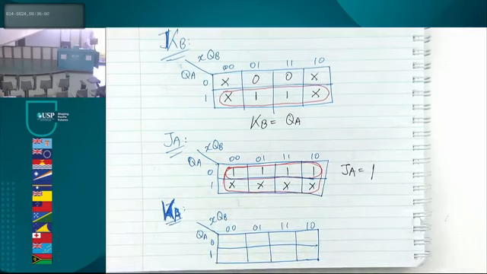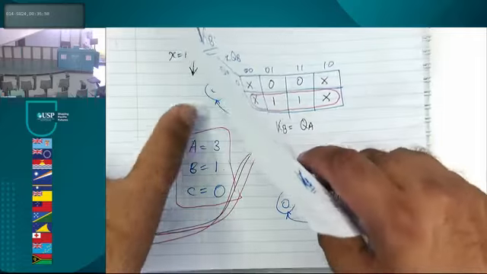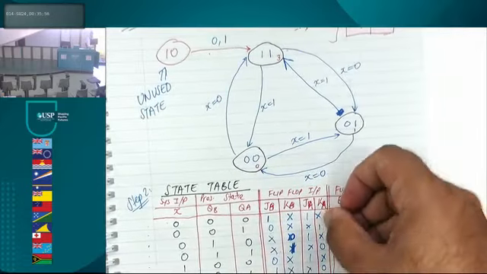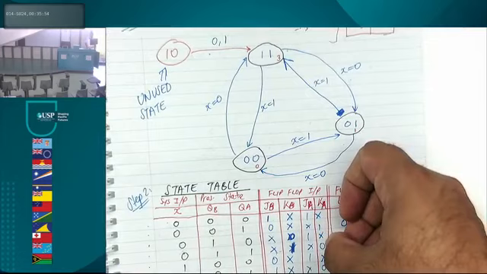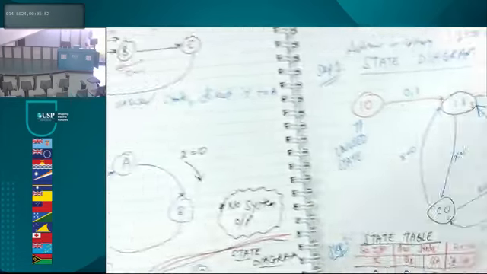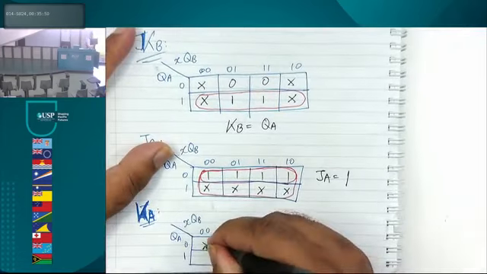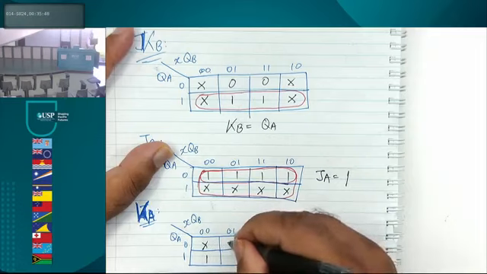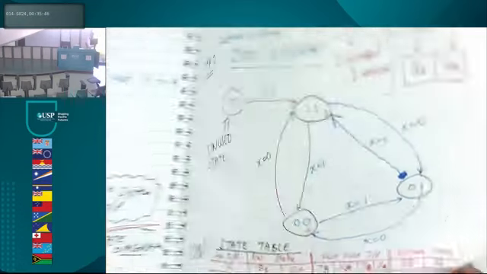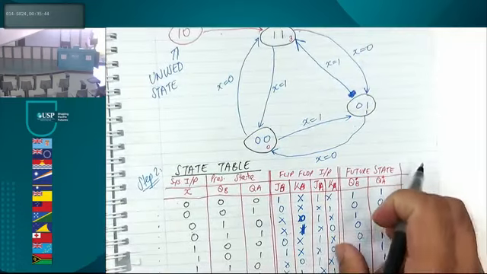Right, so once again we go to the state table. X1, X0. Okay, let's do this. X1, X0. X1, X0. So the next one is X0, X1.